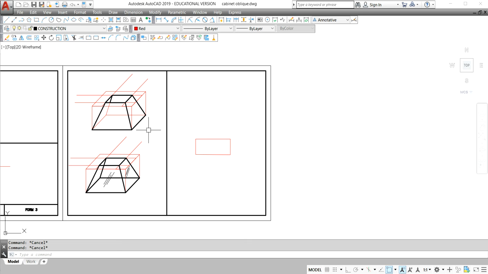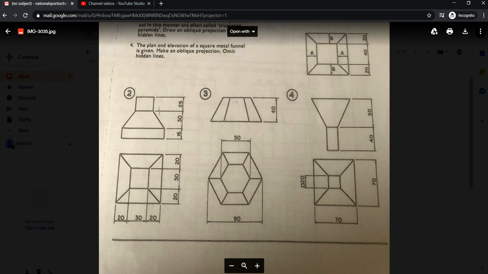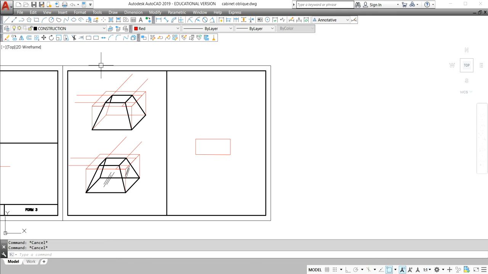Now the depth in real is 70. Here we have the measurements 30, 40, 50, 60, 70. So it's gonna be 35. Angle of 45 degrees, and it's gonna be 35 millimeter, because as we said, the measurements with the 45 degrees, we always do them division by 2.